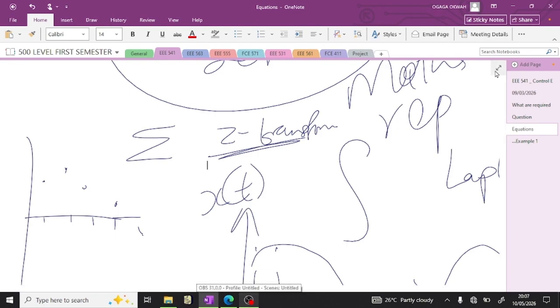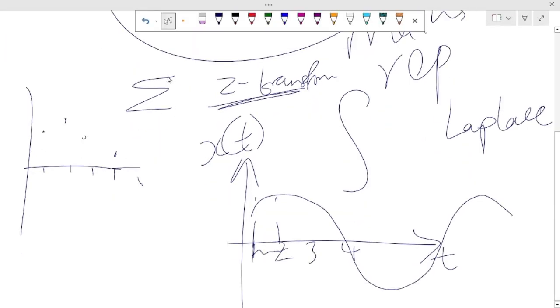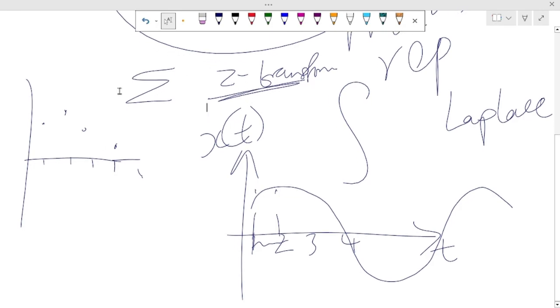Let me just hit on this completely. Since this summation is what is used for a discrete time system, we are not talking about the Laplace transform, we are talking about the Z transform. For this discrete time system, instead of using t, what we use is n.